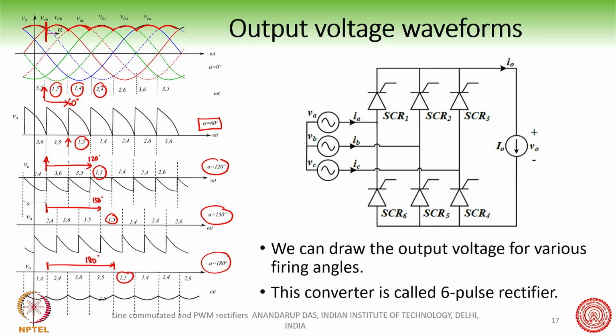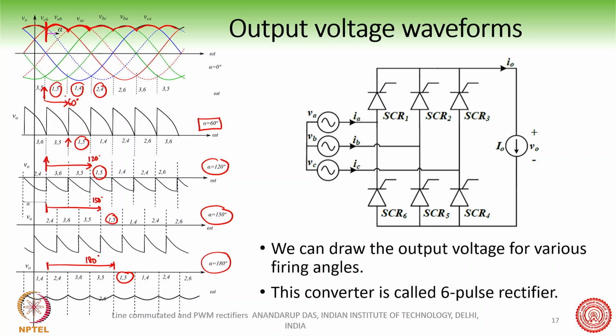So what happens here is that when you fire these pairs differently, when alpha is equal to 60 degree, and when alpha is equal to 0 degree, you were getting this voltage.